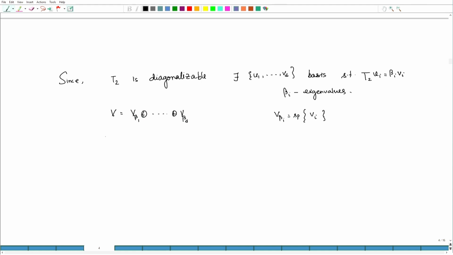So, now let us see the action of T1 on all these subspaces.